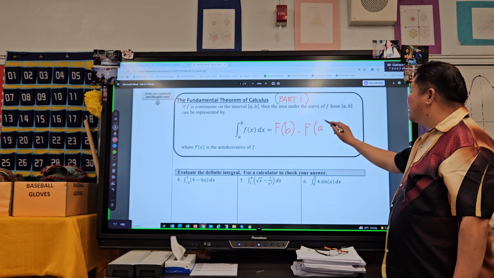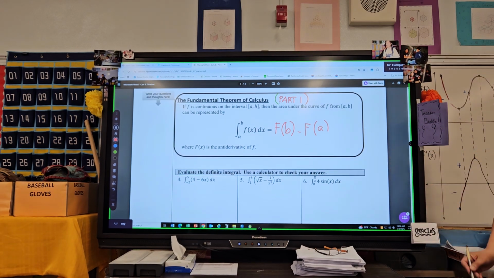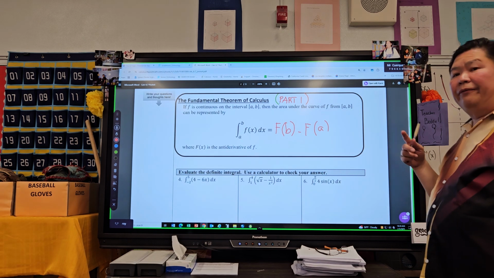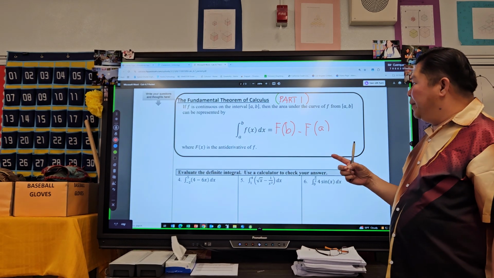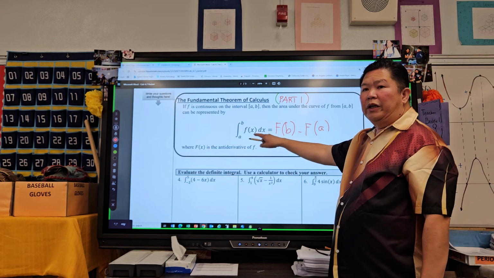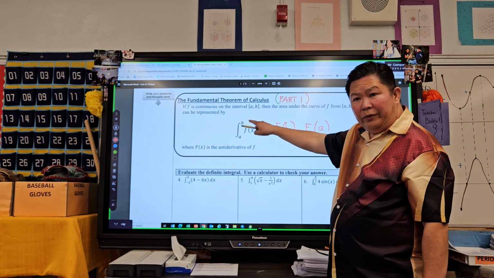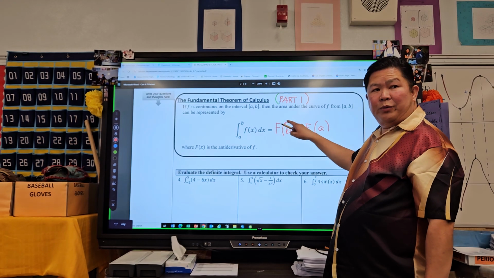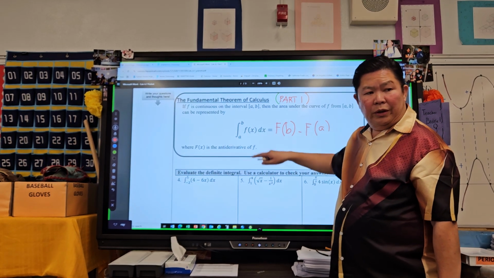This is FTC number 1: F of b minus F of a. Meaning whatever the function is, you plug in the upper limit first, then subtract the lower limit.